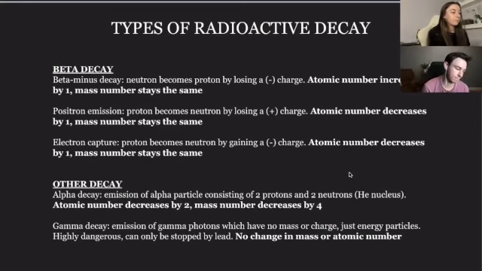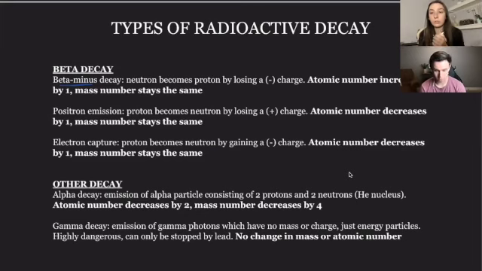So beta decay actually encompasses 3 different types of radioactive decay. There's beta minus decay, where theoretically a neutron becomes a proton, right? So we have a neutral charge, it's 0, and it becomes a positive charge. So how does it do that?